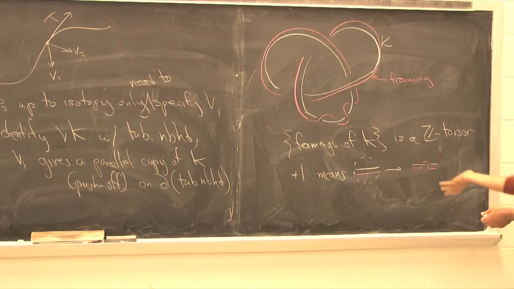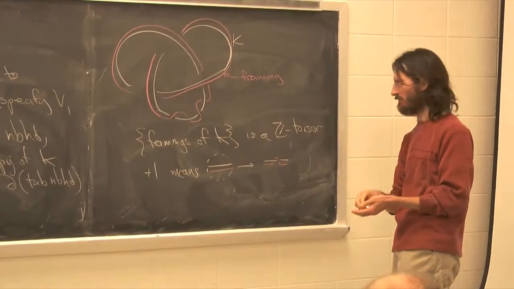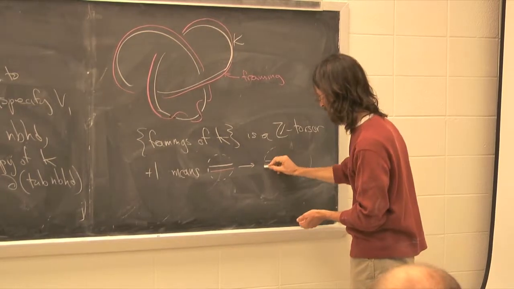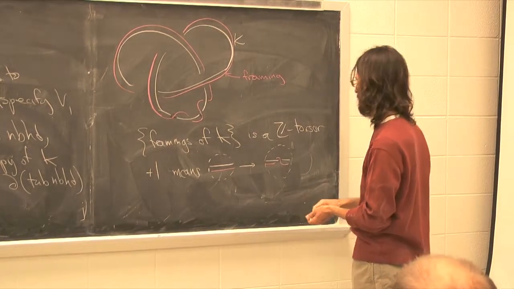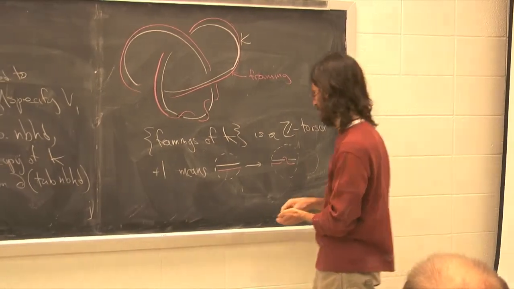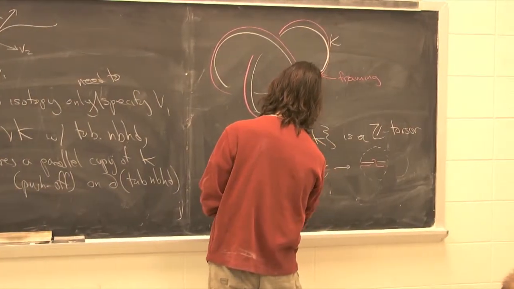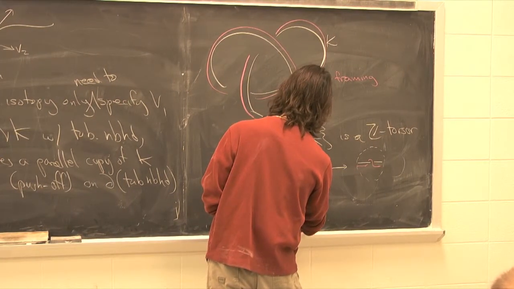So that's supposed to twist, the red curve twists around it once, in that sense. So plus 1 is a right twist.